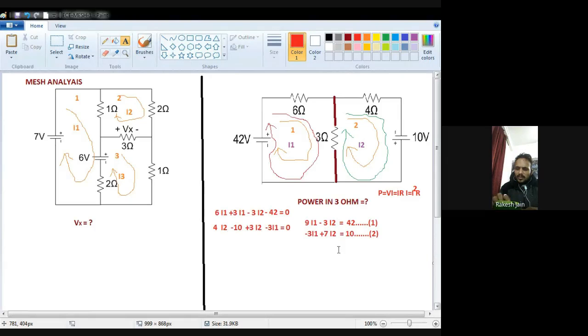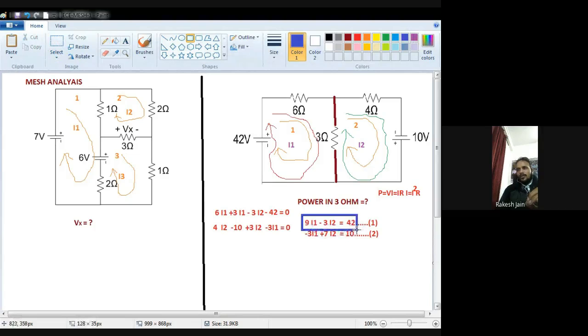I just start the calculator. Now see, we multiply this upper equation by 3 first of all.